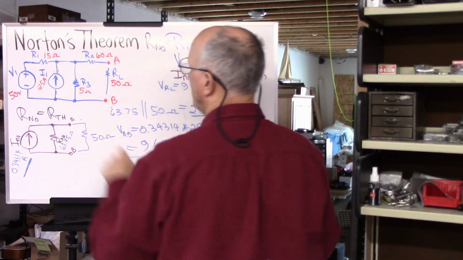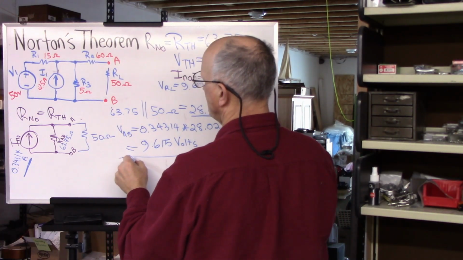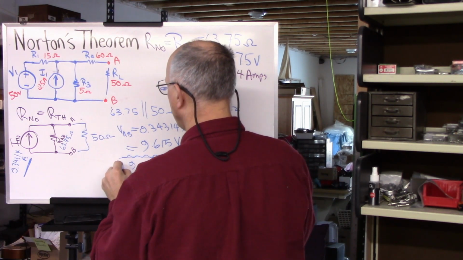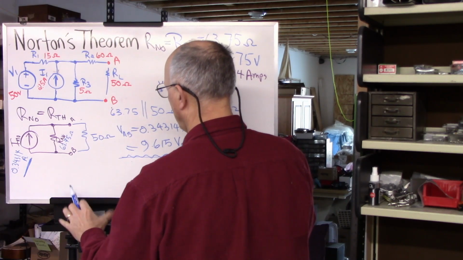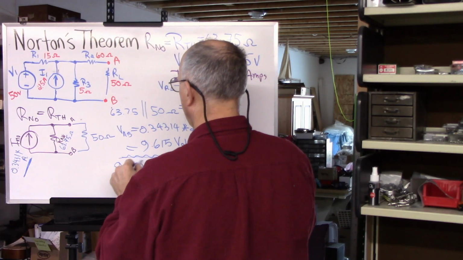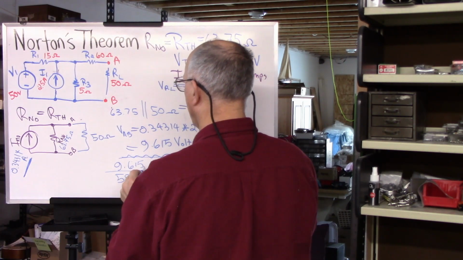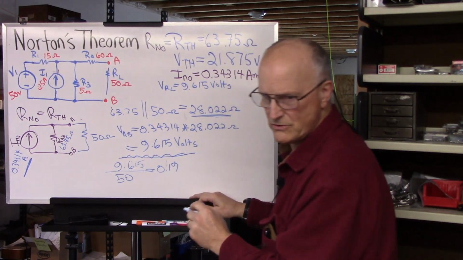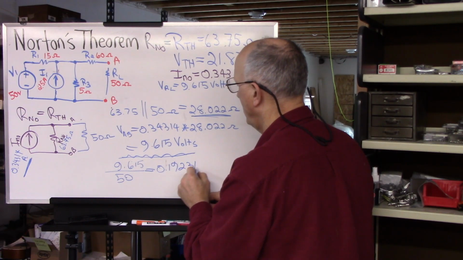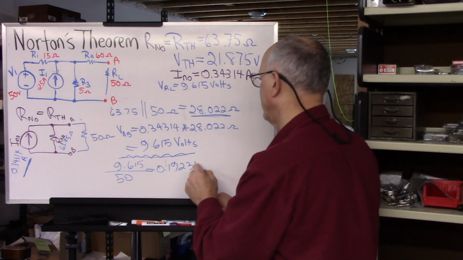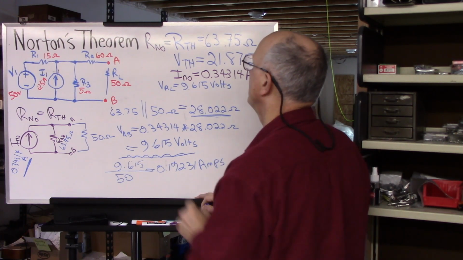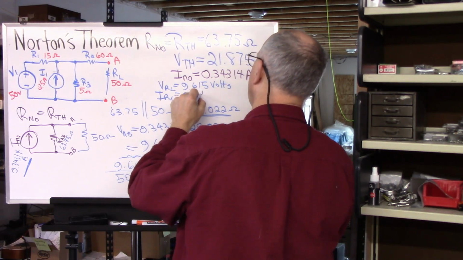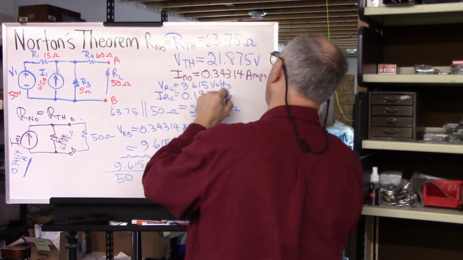Well, the current through this load resistor is this voltage, which appears across it, 9.615, divided by 50, which is the number of ohms, and that comes out to be 0.19231 amps. So IRL is equal to 0.19231 amps.